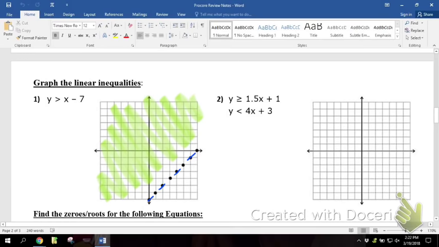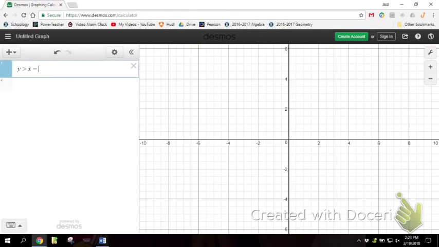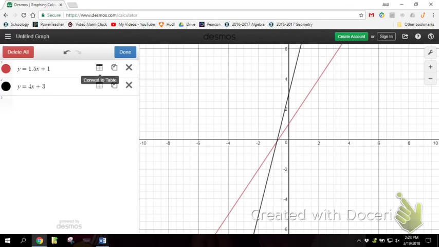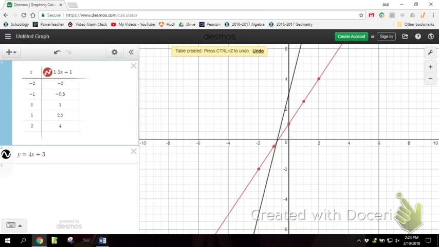I can do the same exact thing for the second one. I can graph them as equal signs first. So y is equal to 1.5x plus 1, and then on the bottom, y is equal to 4x plus 3. Again, I'm using an equal sign because I want to be able to get my table of values.